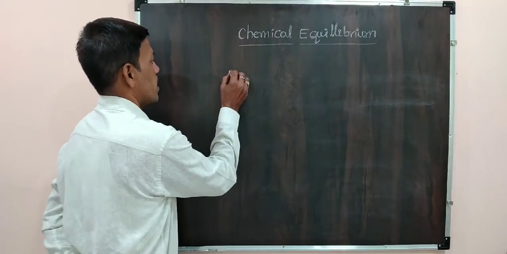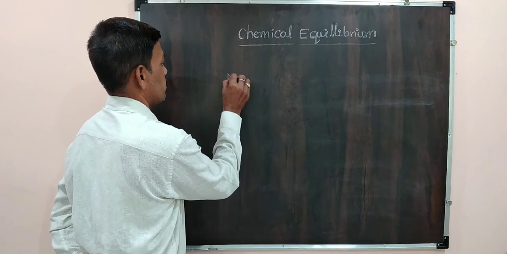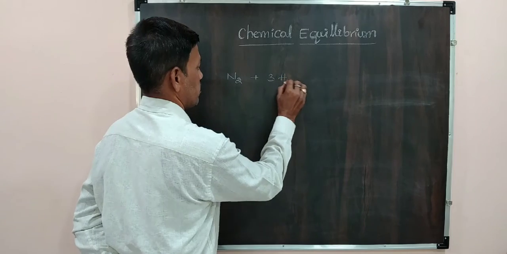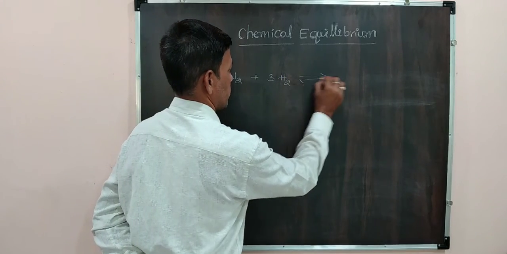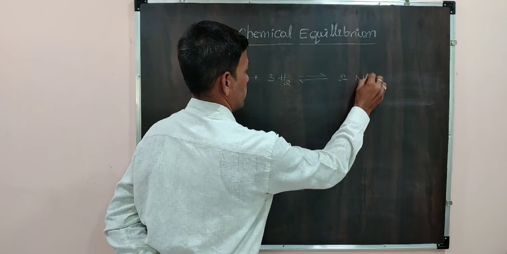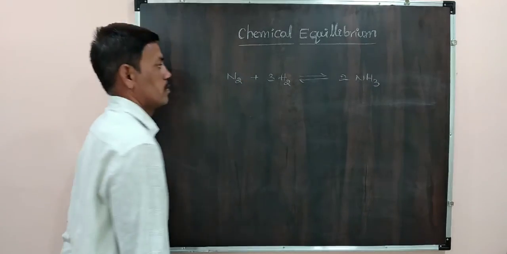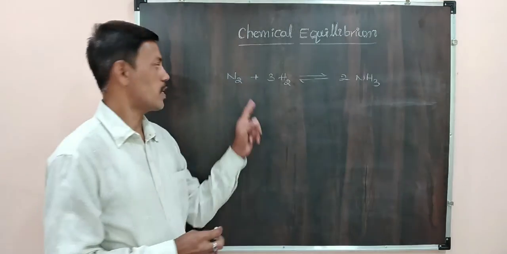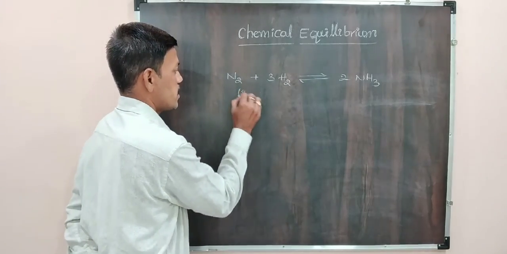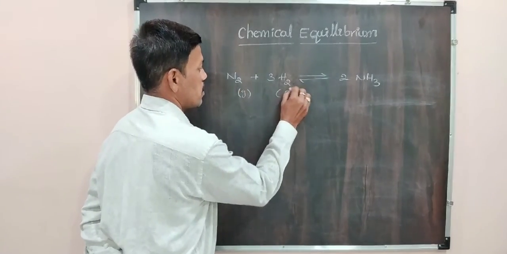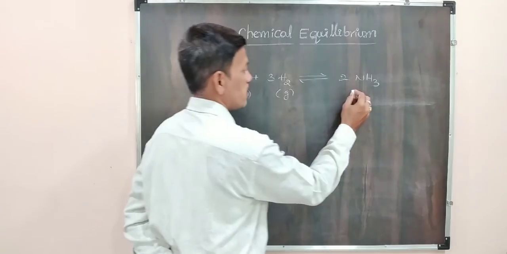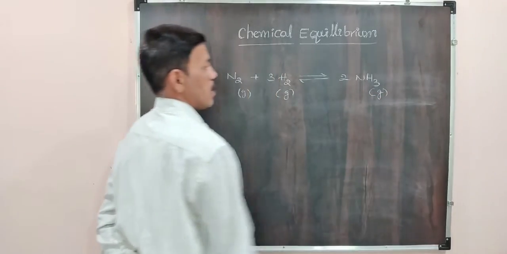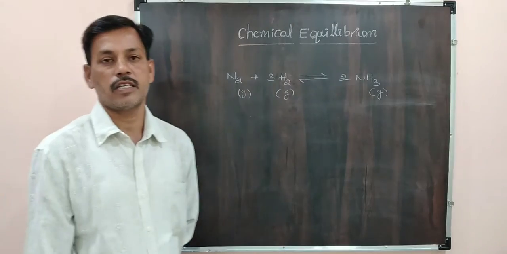If you see any chemical reaction, see the reaction. In this reaction, nitrogen is in gaseous form, hydrogen is in gaseous form, and they give the product ammonia, which is also in gaseous form.